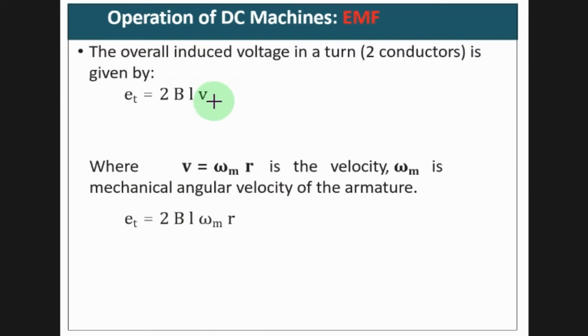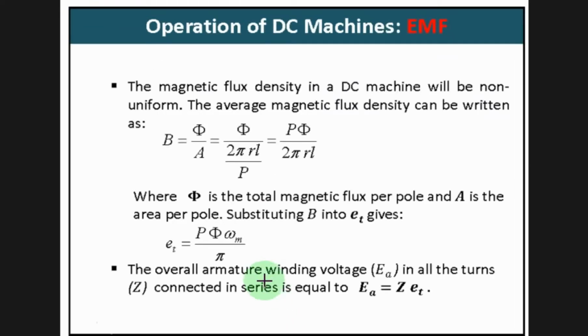This is for a single turn, but you have so many turns, and V equals omega R. So by using that formula, you can find the EMF generated by a single turn as P phi over pi into omega m. So for the overall armature winding, which consists of Z turns, the total EMF generated is equal to Z into ET.